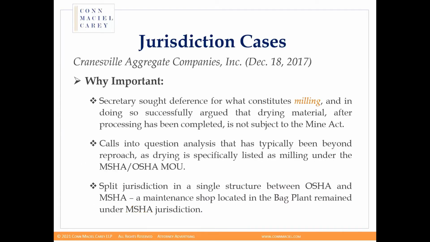And so the distinction here was, what state was the material when it started being bagged? And an essential part of the analysis from the Second Circuit was that they were beginning to use, or they were using, a final product from the mine. And that's because the mine had extracted the product, it had milled it, it had crushed it, washed it, dried, sized it to a specification, and then stockpiled it.